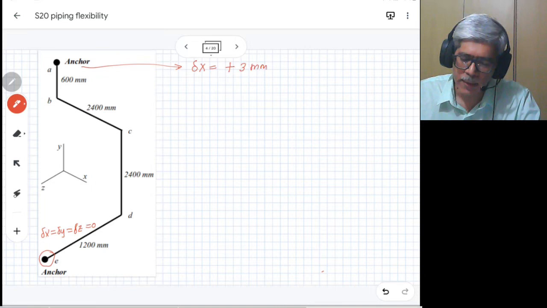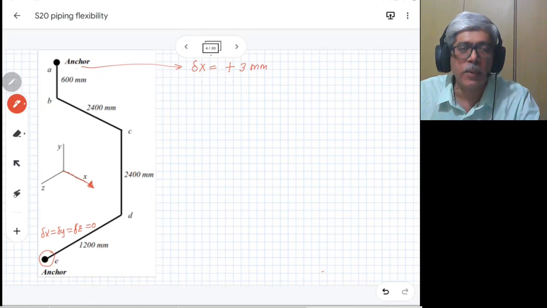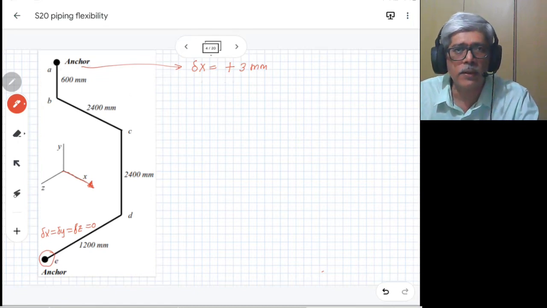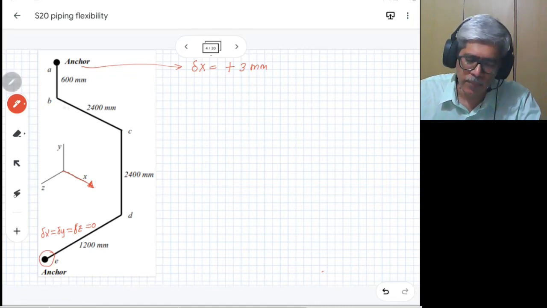So X direction is the direction which is in this way. The displacement of this anchor is given towards the positive X direction, that is from B to C. So this anchor is moving in this direction.